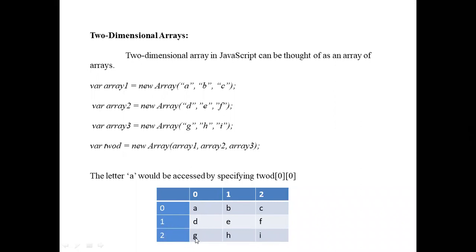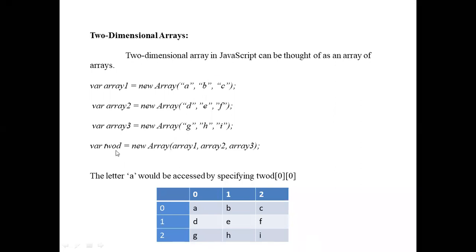To access G, 2D of 2, 0. To access H, 2D of 2, 1. So the indexes are 0, 0, 0, 1, 0, 2, 1, 0, 1, 1, 1, 2, and again 2, 0, 2, 1, 2, 2. These are the indexes.